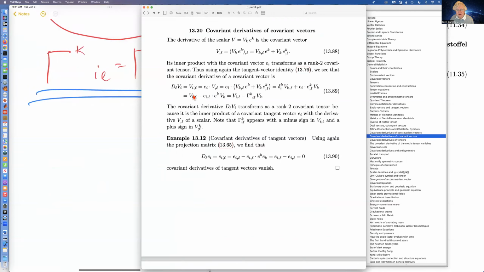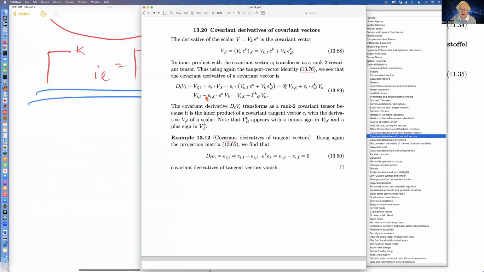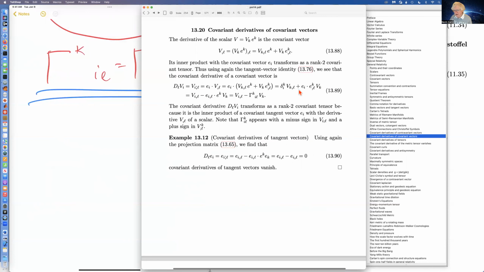And so what we have then is the Lth derivative of the ith component of the covariant vector and vi, and then using that identity that I derived earlier, this thing is minus EI comma L dot EK, but that is the Christoffel symbol of the second kind.